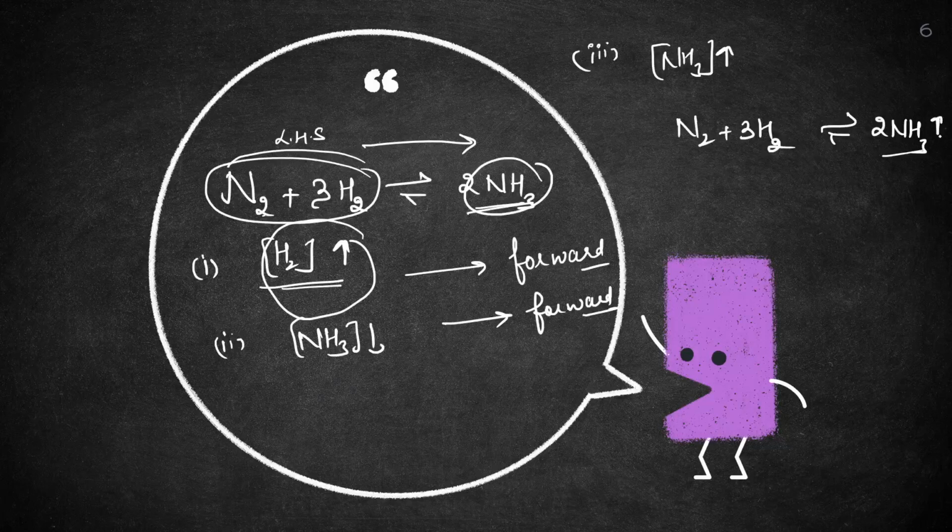Ammonia's concentration is increased, but you need to counteract whatever stress is applied. So it will go in the backward reaction. Whatever extra ammonia is there will form nitrogen and hydrogen. So the extra ammonia is utilized. This is how the concentration change happens.